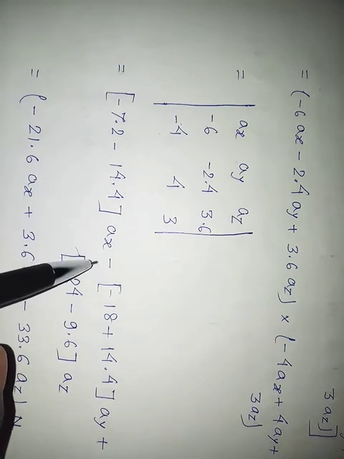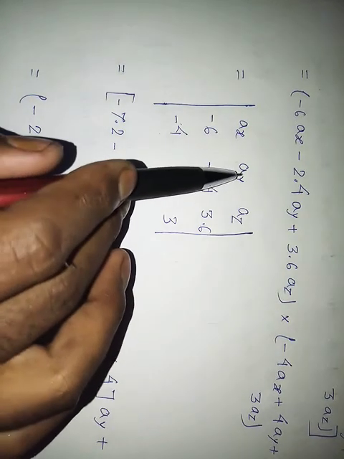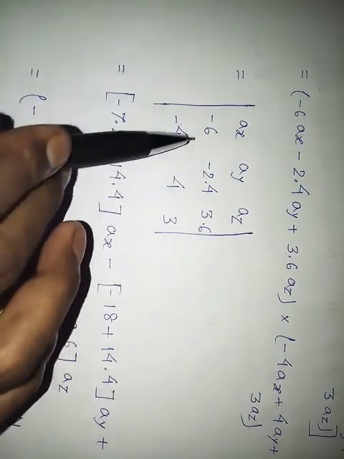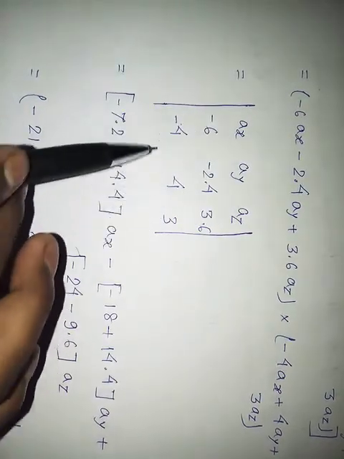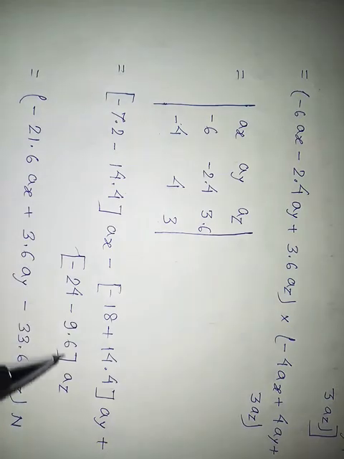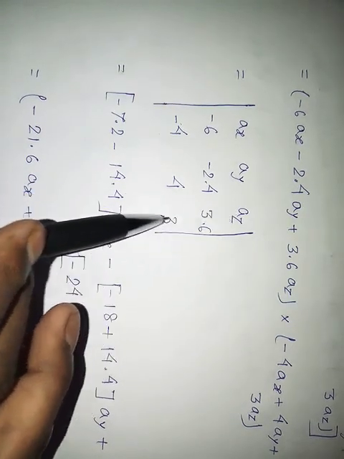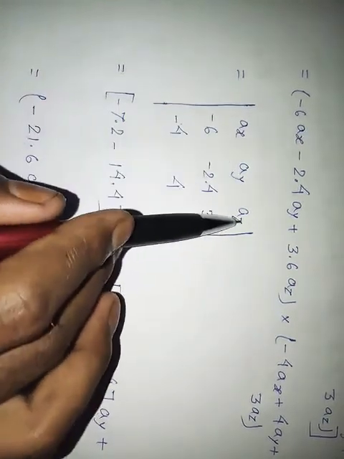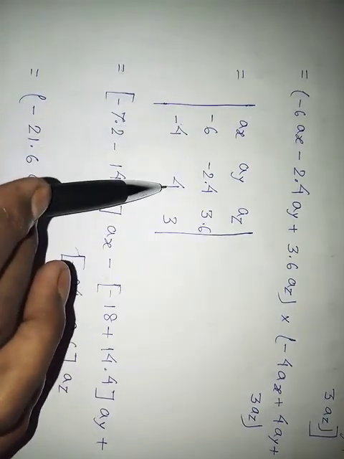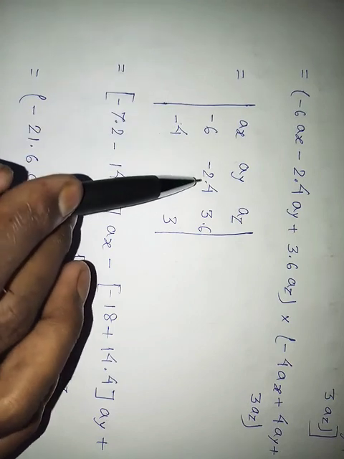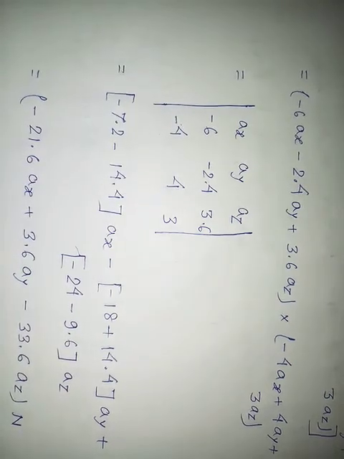And by the formula, for ay with a minus sign, this row and this column cancel out: minus 6 multiplied by 3 minus 4 multiplied by 3.6, we take this part for our second term. And for the last part, az, this row and this column cancel out: minus 6 multiplied by 4 minus 4 multiplied by minus 2.4.